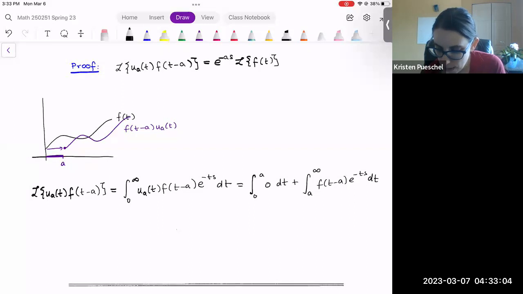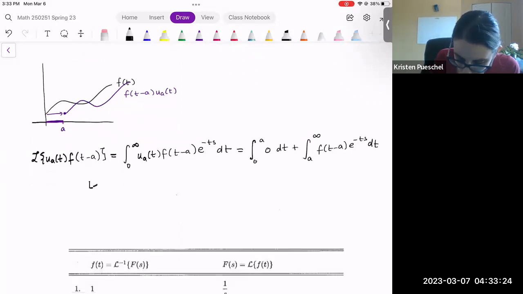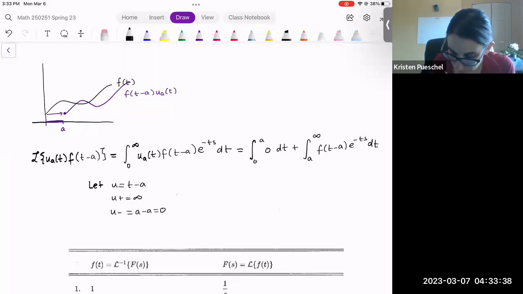Okay. So to rewrite this in terms of the Laplace transform of f of t, which we're interested in, we are going to do a little u substitution. We let u be equal to t minus a. Our upper bound is still infinity. Our lower bound is going to be a minus a, or 0.